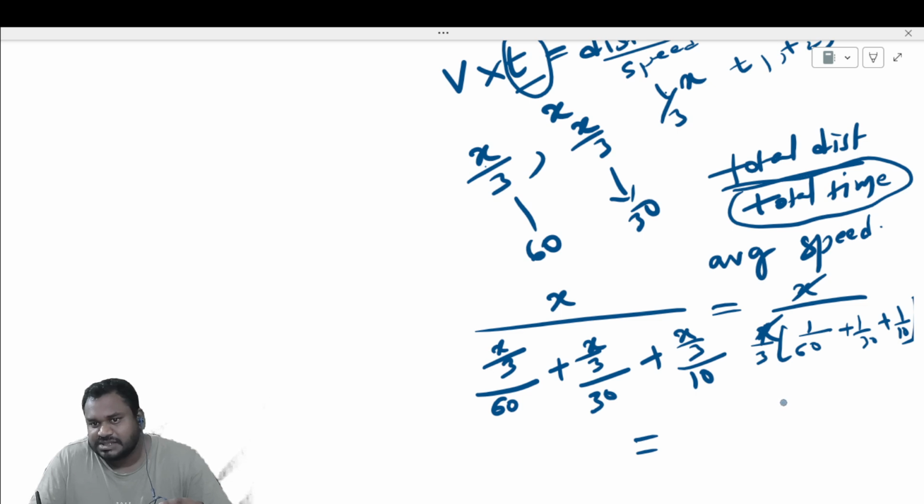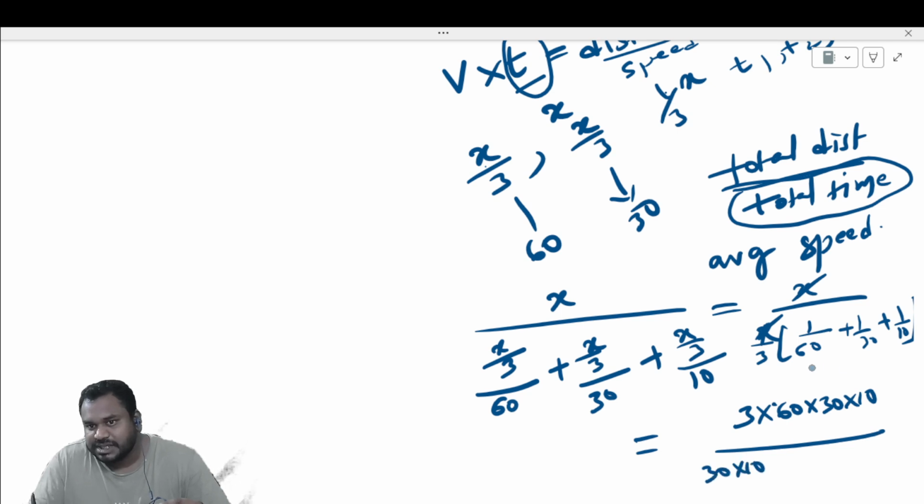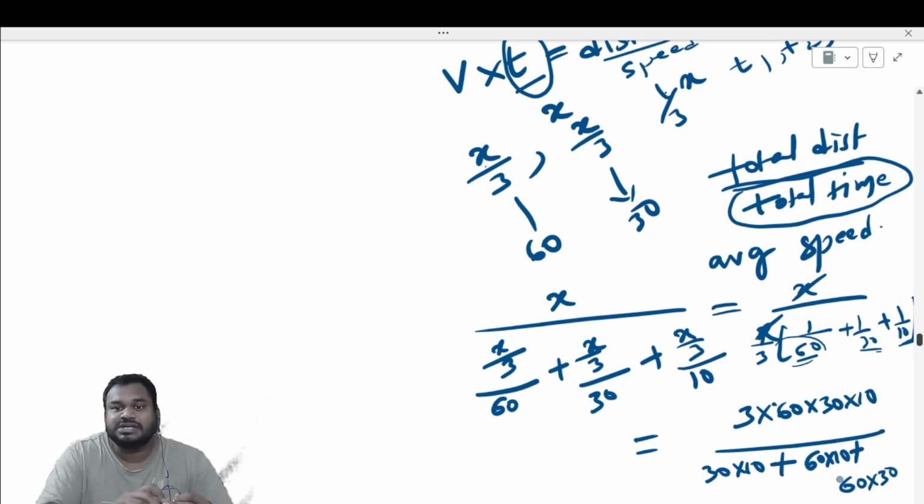Then take the LCM, which is 60 into 30 into 10 in the denominator. To get the numerator at 60, multiply these two: 30 into 10. To get the numerator at 30, it is 60 into 10. To get the numerator at 10, it is 60 into 30. You should know this because it is a basic thing, how to do LCM.